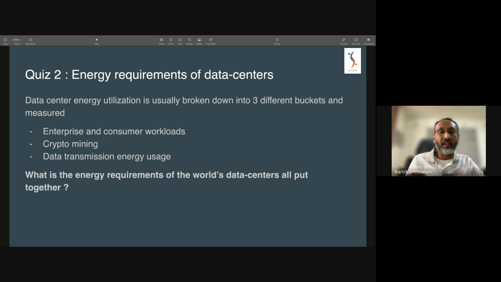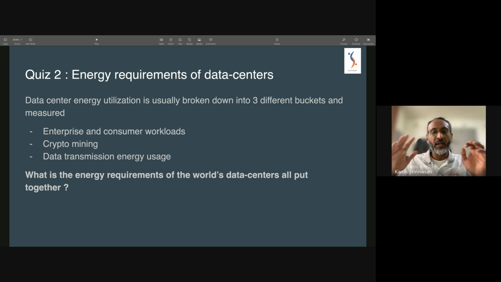So if you look at energy consumption for a data center, we would probably break this down into three parts: enterprise workloads or consumer workloads. Everything, even a simple Google Maps search for getting to the railway station to the college, needs some computing power, right? And this is many people across the world trying to do this computation to do day-to-day things in their lives today.